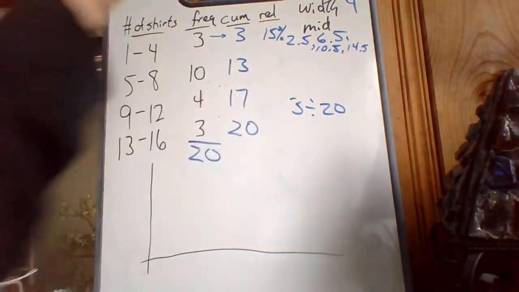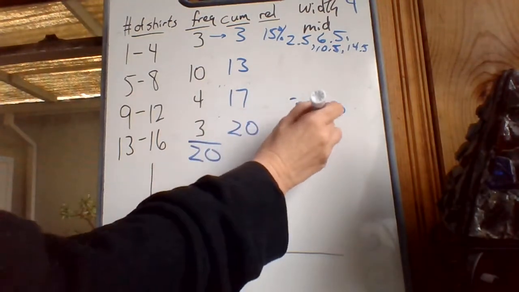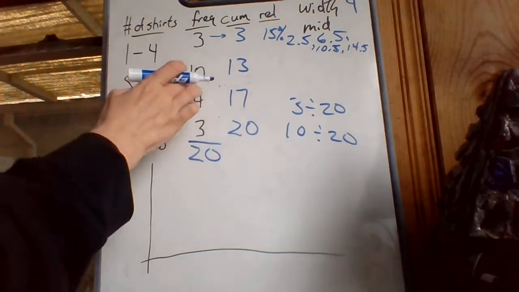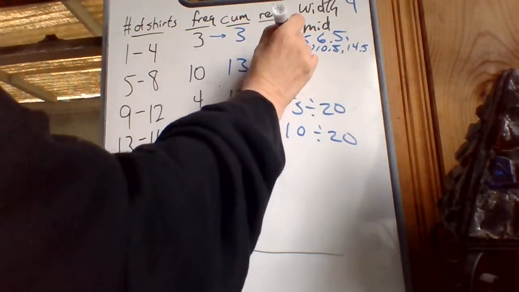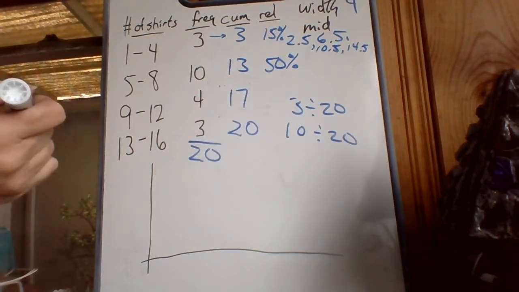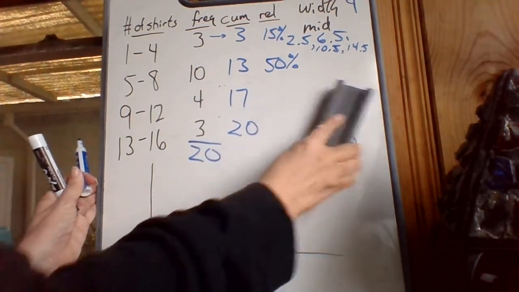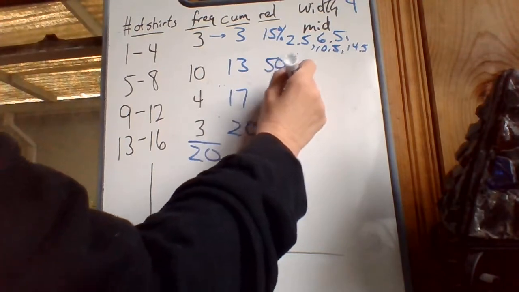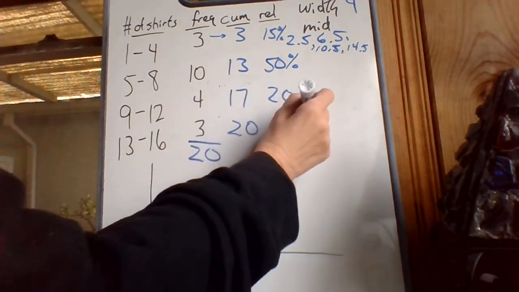These ones don't even have any rounding on them. So 10 divided by 20. This is where I accidentally make a mistake and go 13 divided by 20. No, go all the way back to here. 10 divided by 20, 0.5, 50%. 4 divided by 20. Okay, so that's 20%. Comes out as 0.2. So 20%. 3 divided by 20 is 15% again.